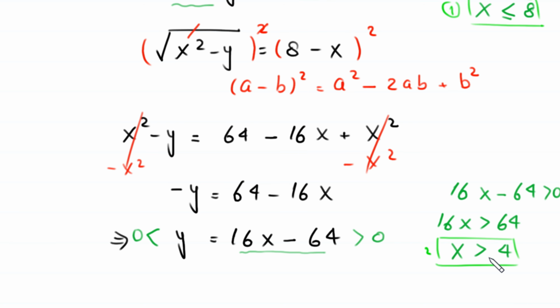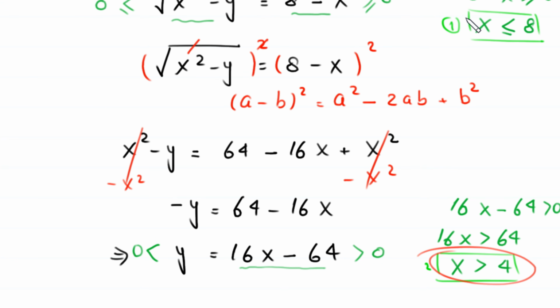If we combine this second one and this first one, x must be less than or equal to 8, then we get the domain of this equation: x must be greater than 4 and x must be less than or equal to 8.